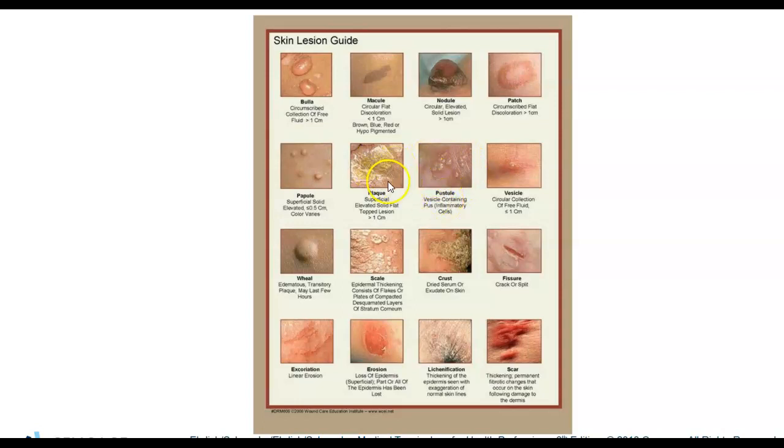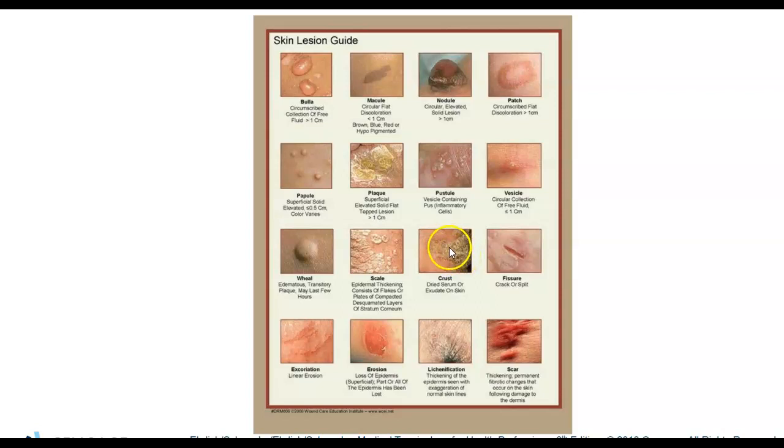Here's plaque. Again, it's superficial on top of the skin. Here's little papules, just little bumps. Here's a wheal. This is exactly what the wheal looks like when we do a PPD. Scales, again, we're going to see this with patients who have psoriasis, eczema, those kind of things. This is a crust, so there is a difference.